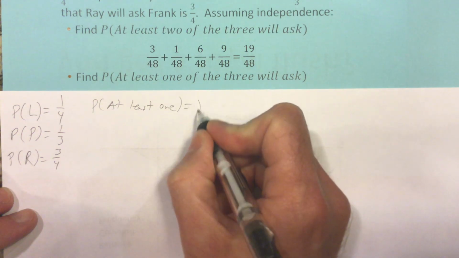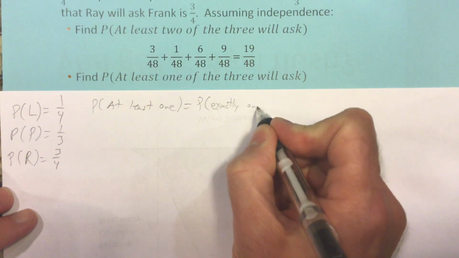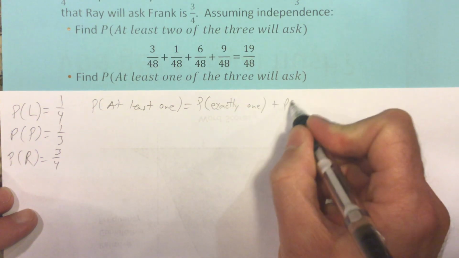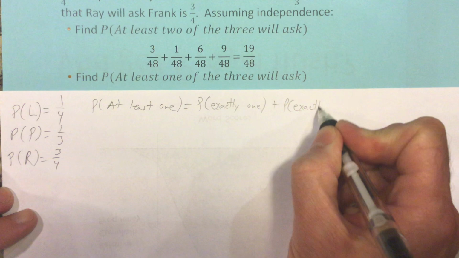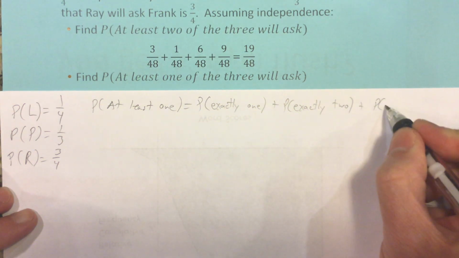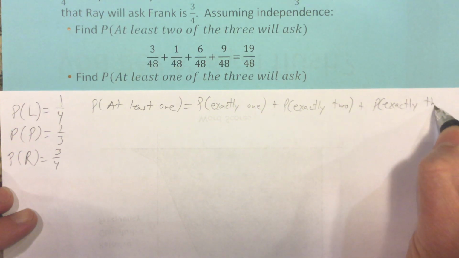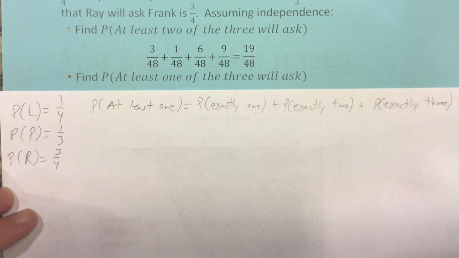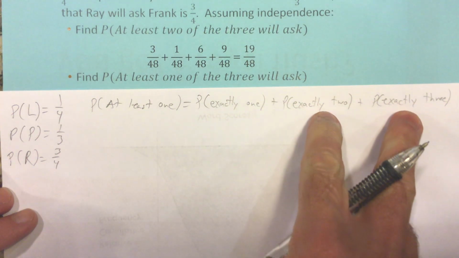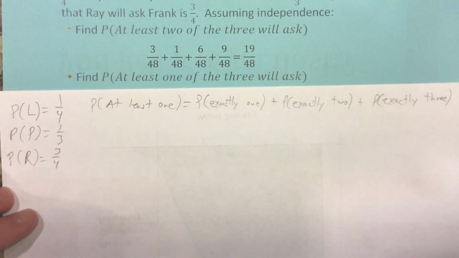Well, that would be the probability of exactly 1 would work. Probability of exactly 2. Or exactly 3. All of those would meet the criteria of at least 1. Now here's the good news. We've already calculated these 2, so let's just calculate the exactly 1, and then we can answer the question.